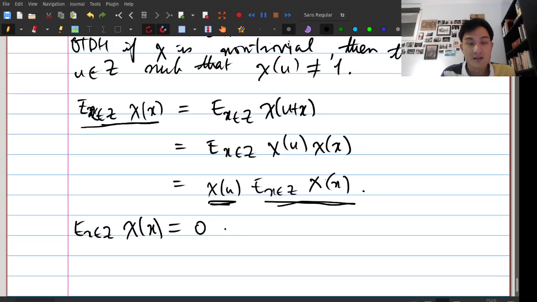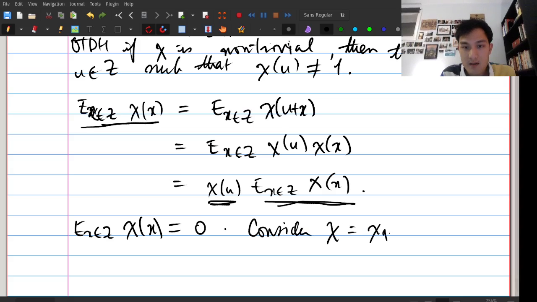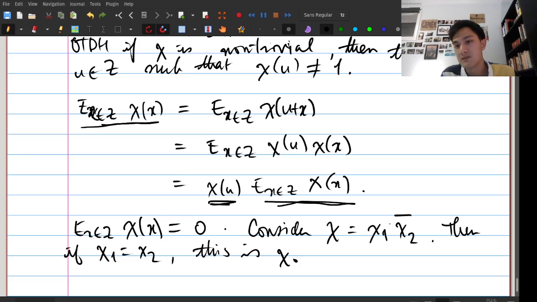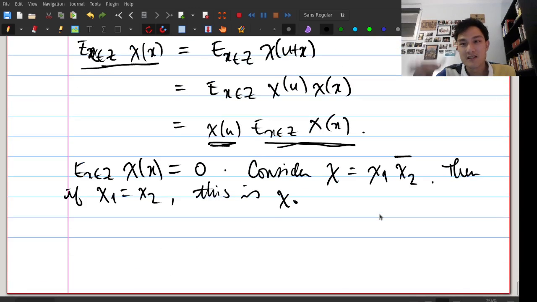So any non-trivial character, if you sum over the whole group, you get 0. What does that mean for our inner product? Well, consider chi equals chi1 times the conjugate of chi2. If chi1 equals chi2, this is chi naught, because everything's around the unit circle, right?